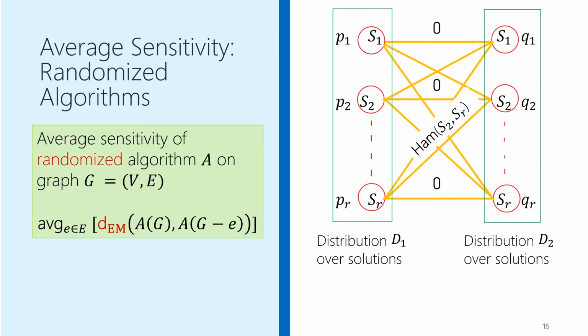We can also consider a complete bipartite graph where the vertex sets on either side are the supports of D1 and D2. Edges are labeled with the cost of transforming the solution at one endpoint to the solution at the other endpoint. In our case, this transformation cost is simply the Hamming distance.